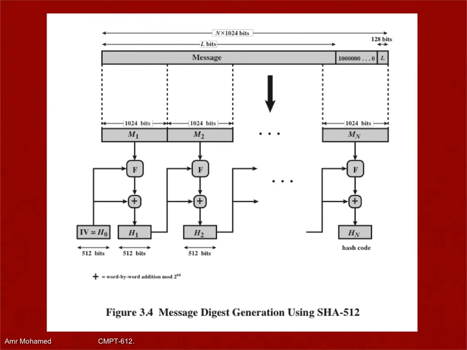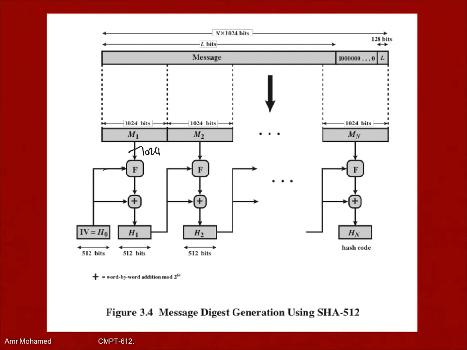Once you do that, the steps are based on block chaining, which we did not explain for cipher block chaining, so we will explain it here. We take each block and pass it through a function. Remember, this block is of size 1024.